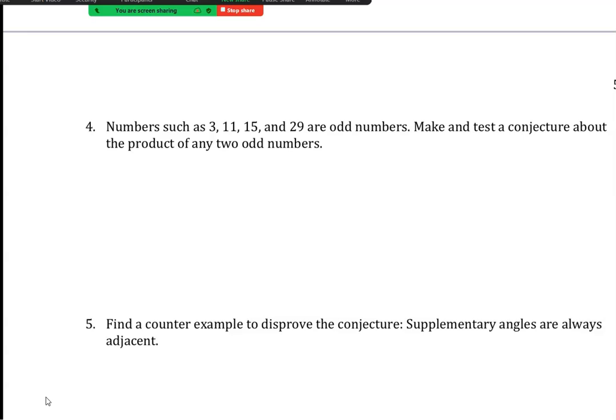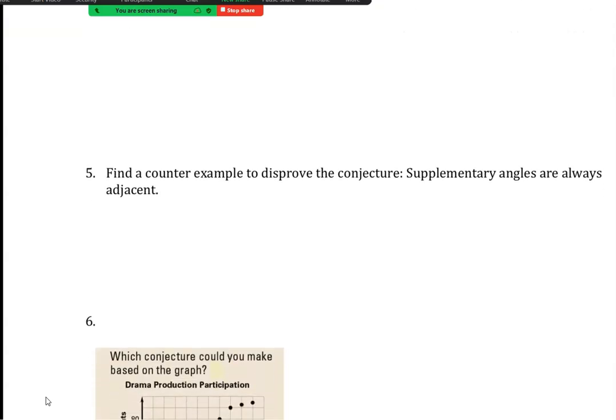Numbers such as 3, 11, 15, and 29 are odd numbers. Make and test a conjecture about the product of any 2 odd numbers. So look at some patterns, see if you can make and test the conjecture. Find a counterexample to disprove the conjecture.